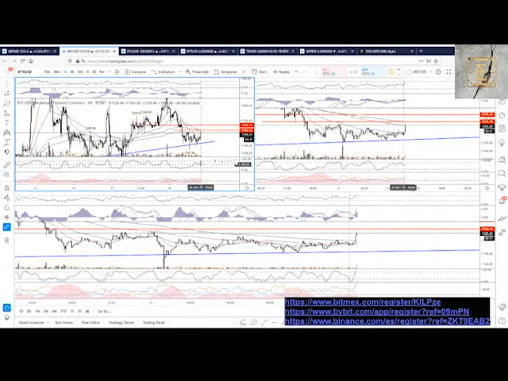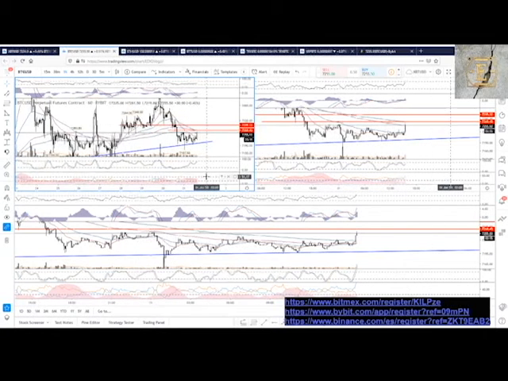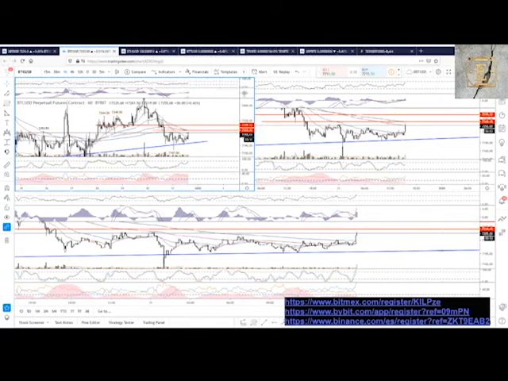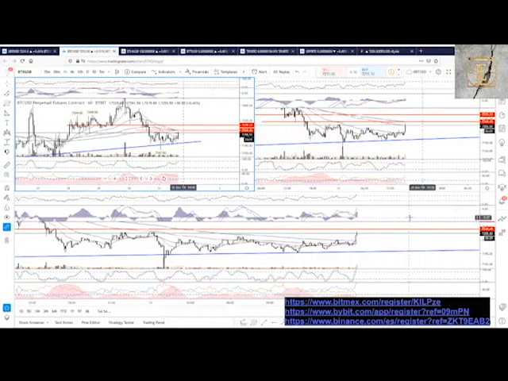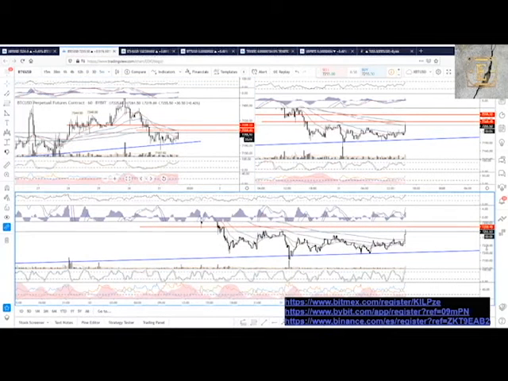Also approaching the overbought. ADX DI still works, still varies. Sooner or later it's going to stop.